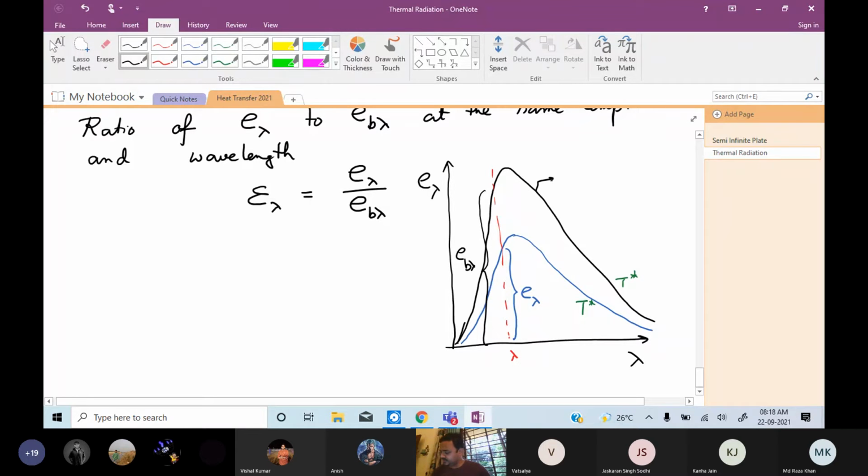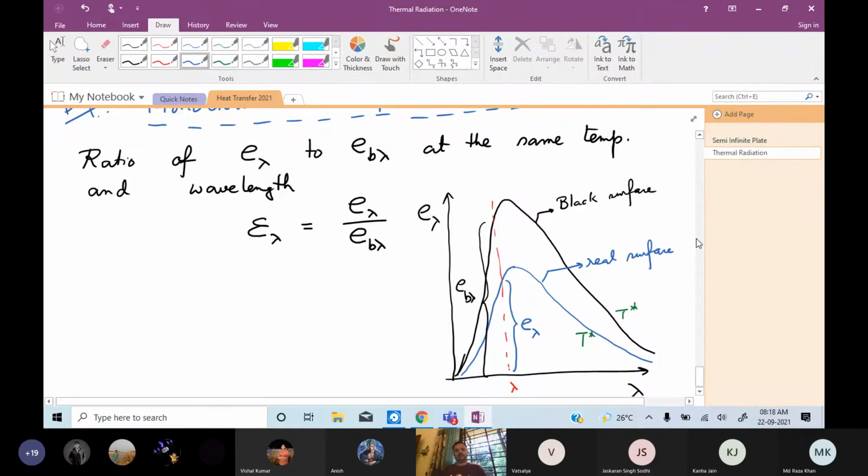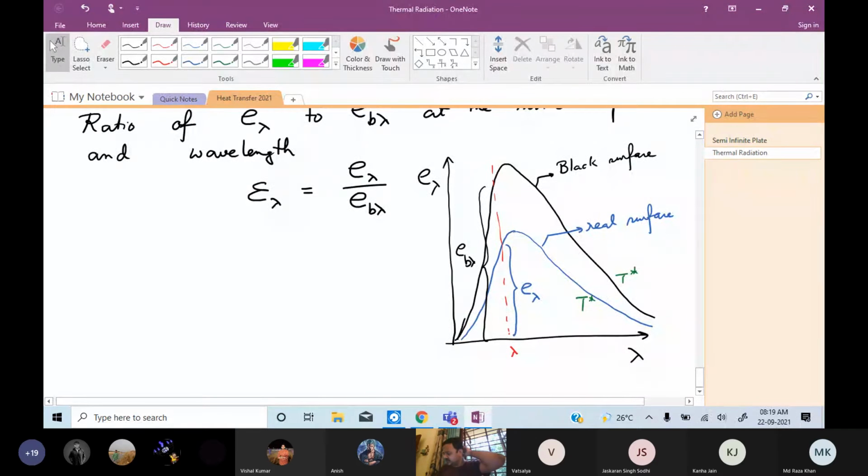So this curve was for a black surface, and this curve was for a real surface. Similarly, this ratio is the emissivity at that particular wavelength.